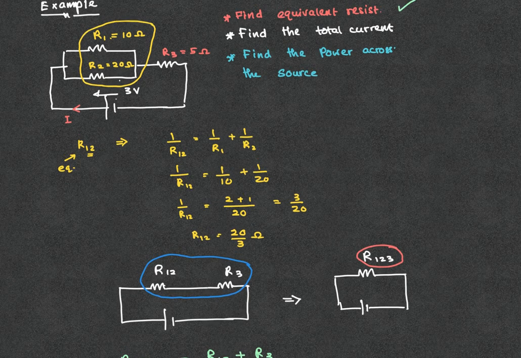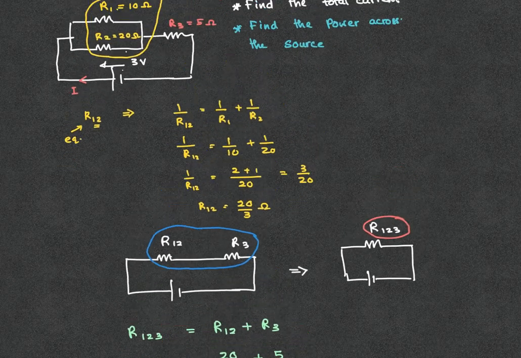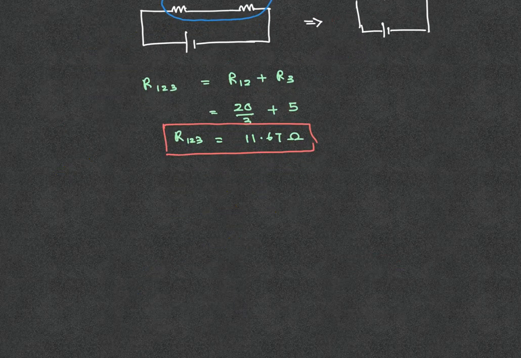The second question is find the total current in the circuit. Now in order to find the total current, part B, we are using V equals IR. Now V is the source voltage, 3 volts. I is what you are looking for. R is the R equivalent, which is 11.67 ohms.